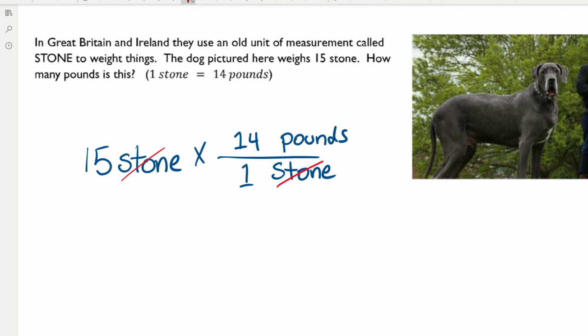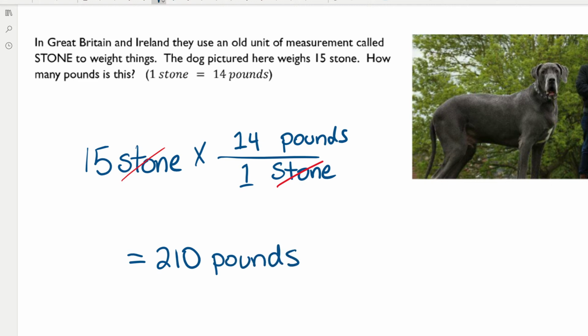Stone will cancel with stones, and that leaves us with pounds. 10 times 15 is 150. 4 times 15 is 60. So that should be 210. I hope that's correct. If I've made a mistake on this video, I'd be really embarrassed.